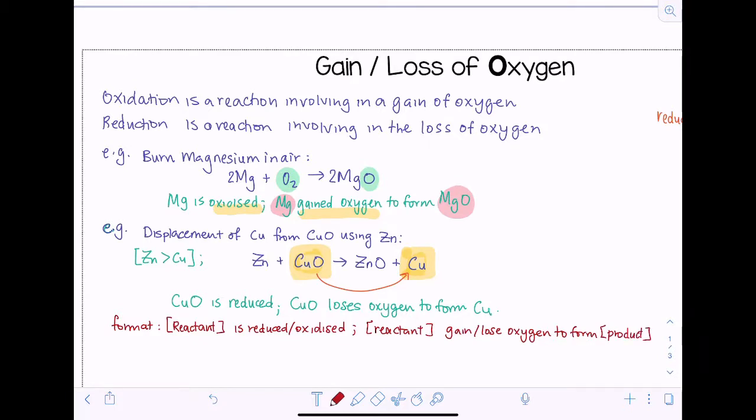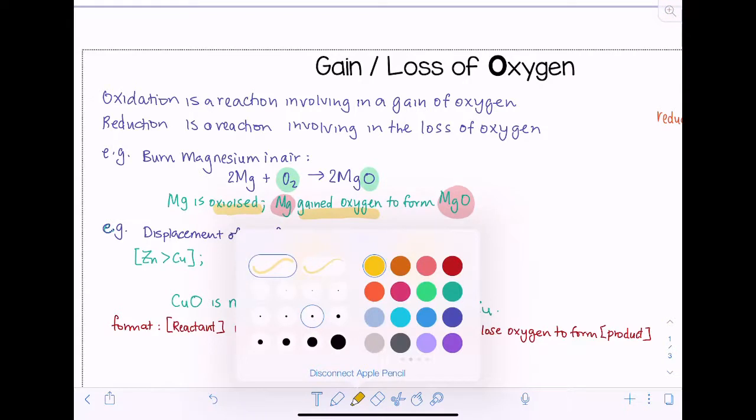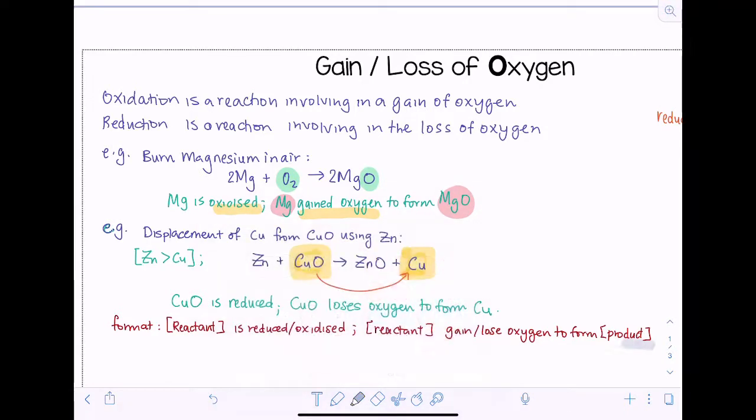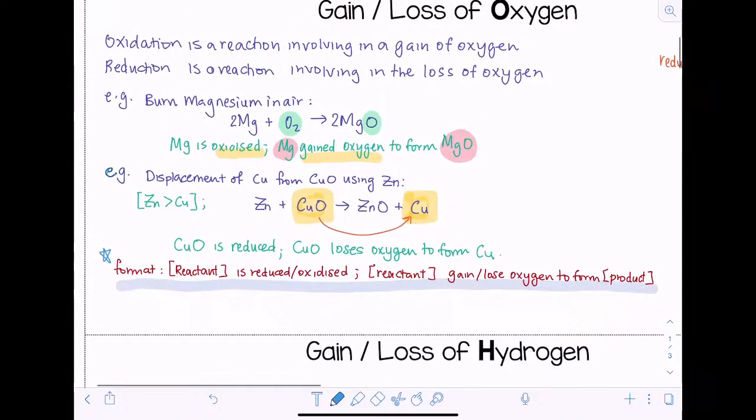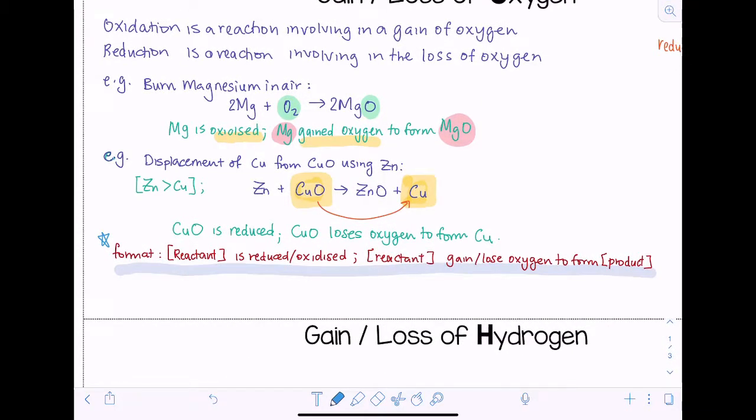This is a very strongly recommended format in writing an answer. This is almost ideal, and you should remember and learn this format because it will really help you a lot in writing very good, consistent answers when you are supposed to explain oxidation and reduction.